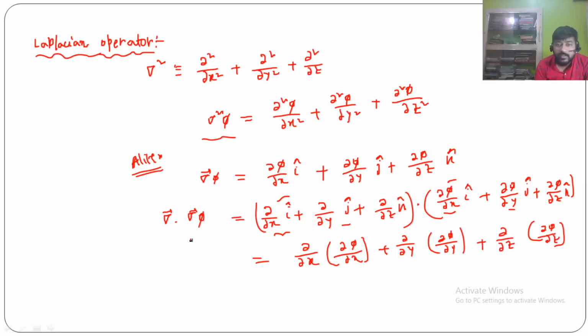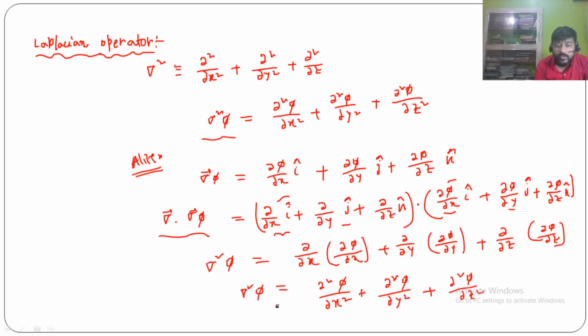Obviously, the divergence of grad phi is nothing but del square phi, which is del 2 phi del x2 plus del 2 phi del y2 plus del 2 phi del z2.